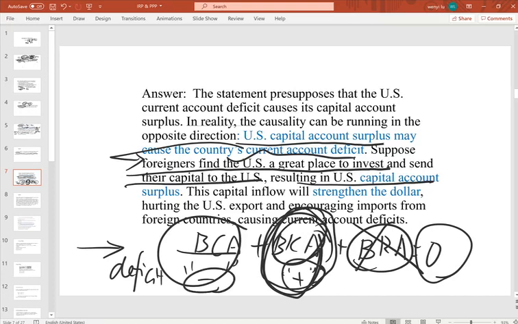So you can see capital inflows will strengthen the dollar but will hurt our exports, encourage more imports from foreign countries, and cause our current account deficit. So to comment on this statement, you can base on our equations to see the connection between the current account and the capital account. These two offset each other. If one is positive, the other one should be negative.